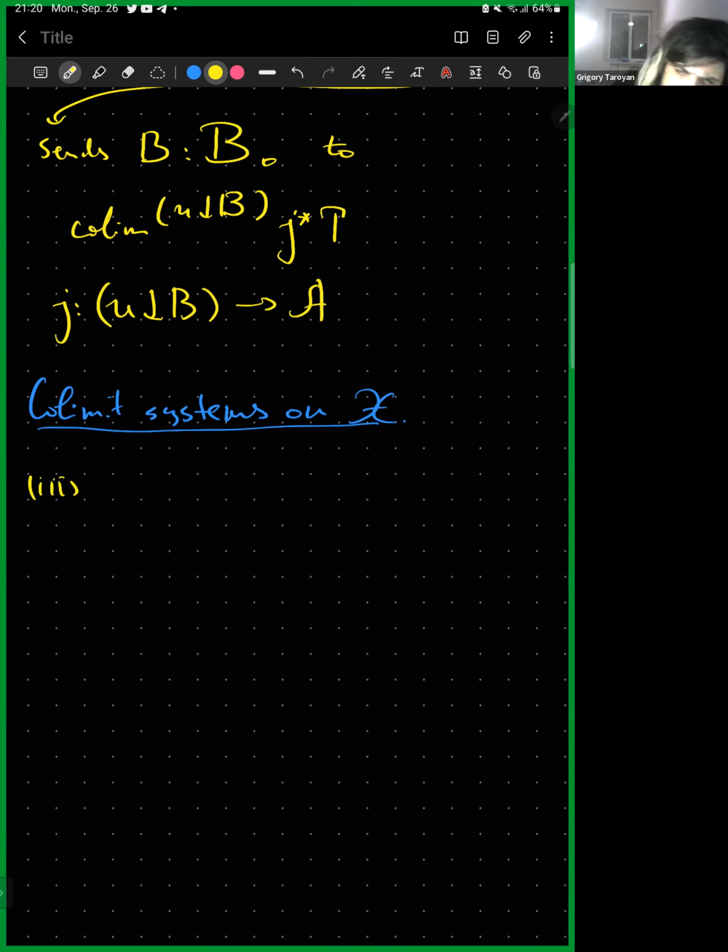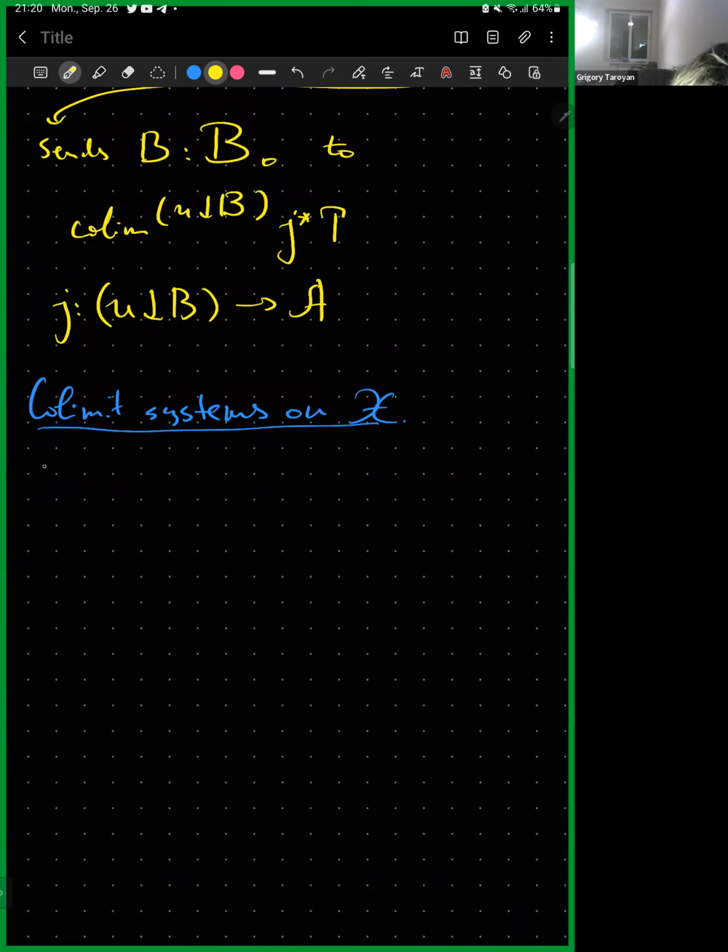Okay, so let G be a category. Then diagram category XD is... okay, sorry, I started on the wrong foot here.